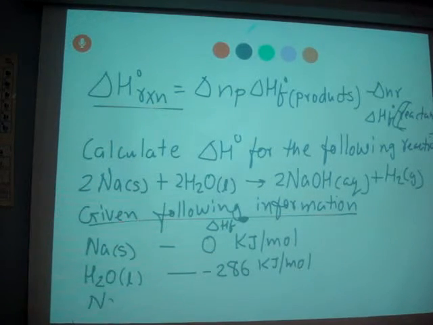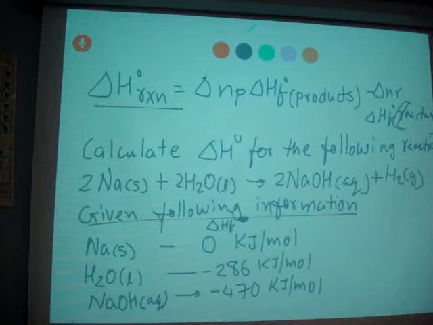For NaOH aqueous, it is negative 470 kilojoules per mole, and for H2 gas, it's 0 kilojoules per mole.